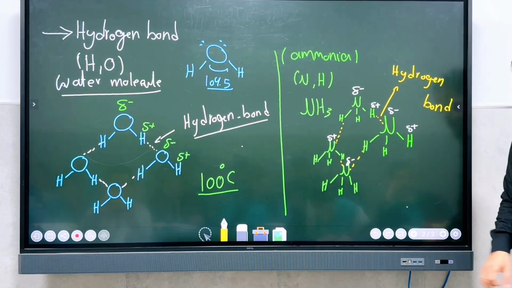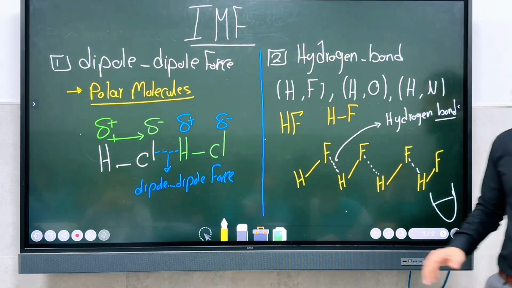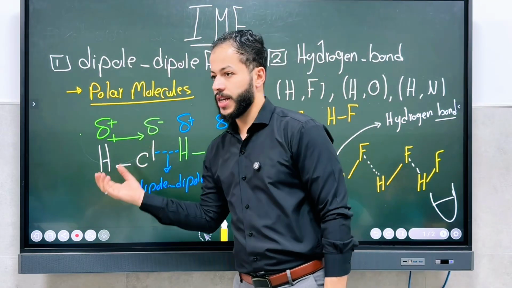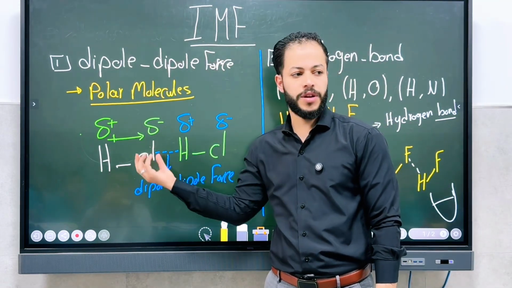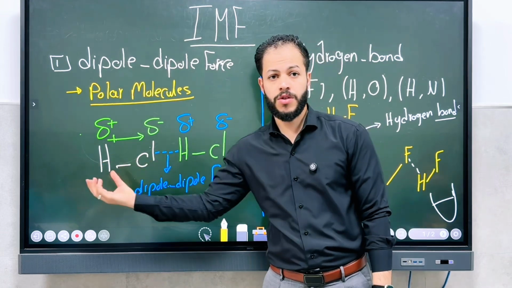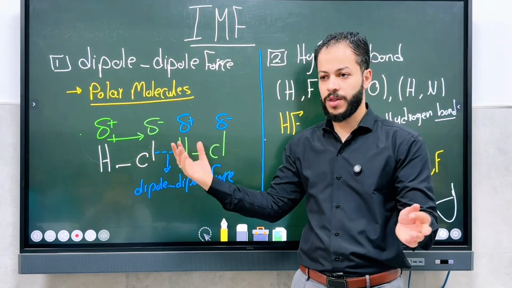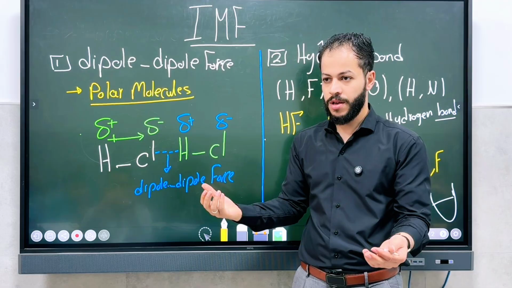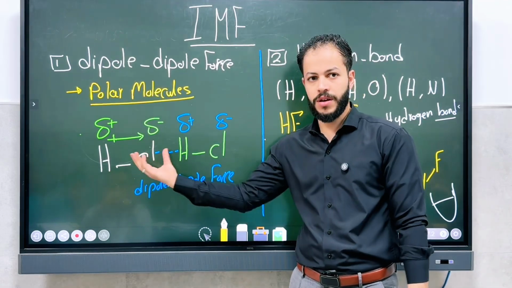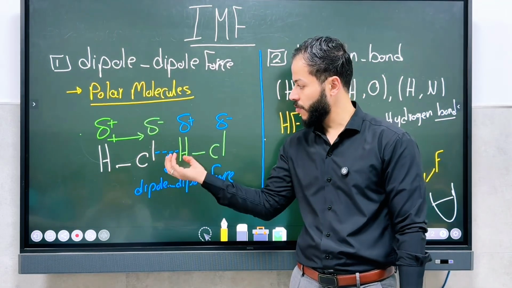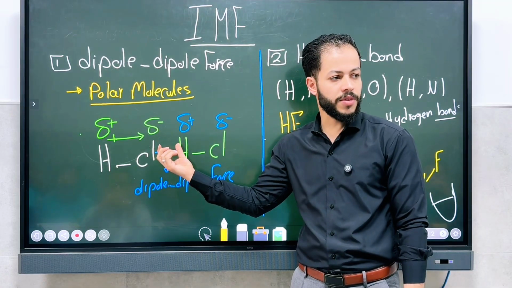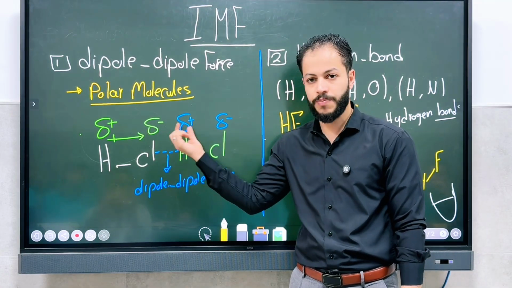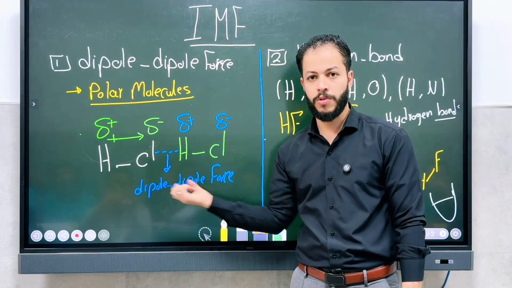So again, from the beginning, we talk about the dipole-dipole force. We said that any polar compound will have a dipole with a partial negative and partial positive charge. When these molecules are in a beaker, whatever it is, there are tons of them, right? Millions of them. These molecules are in continuous motion, and when they move, they come in sequence at a short distance, and electrostatic attraction happens between the partial positive and partial negative charges to form the dipole-dipole force.